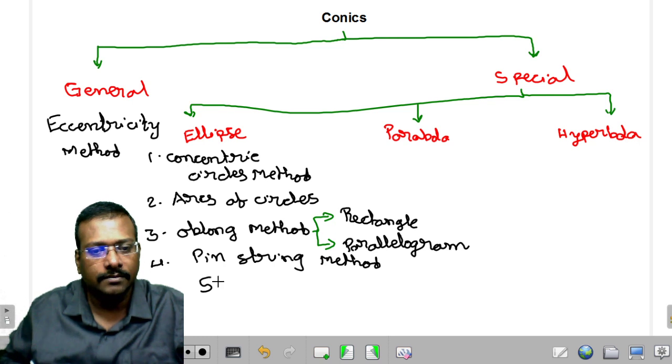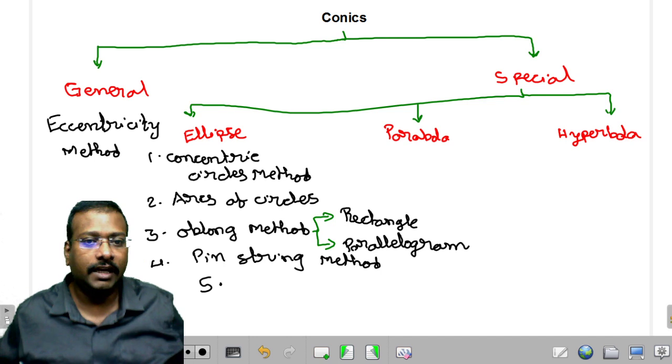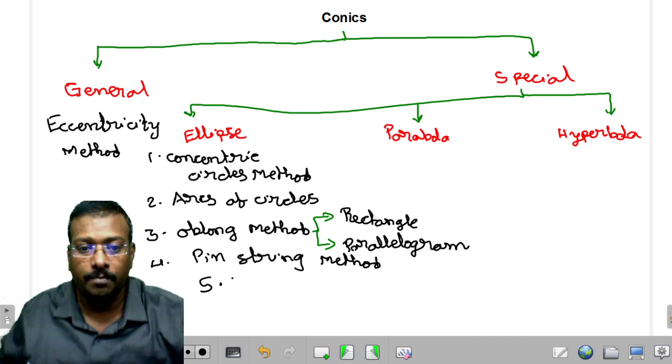Fifth one is the Trammel of Archimedean principle.